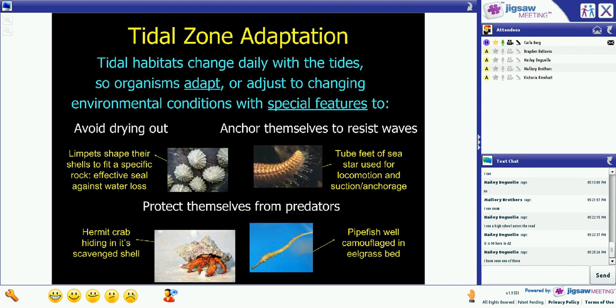I'm going to ask you guys today to describe some of the organisms you have seen on beaches. On the bottom, we have some adaptations that organisms on the beach use to protect themselves from predators. Now, the first one on the left is a hermit crab. The hermit crab finds a shell that he can almost entirely fit inside of, and he uses this shell to protect himself from predators.